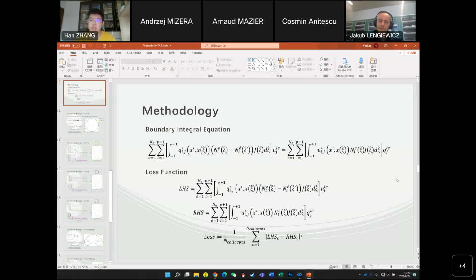And when we increase the number of the collocation points, it will lead to more boundary integral equations. And with more and more boundary integral equations, the result will be more accurate. And for integration points, it's just to make the integration more accurate. I see.